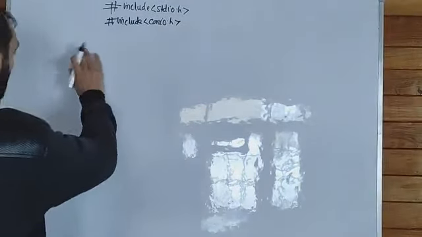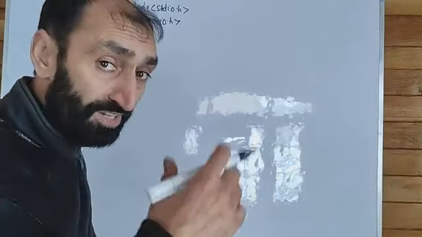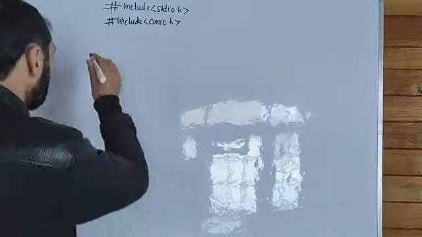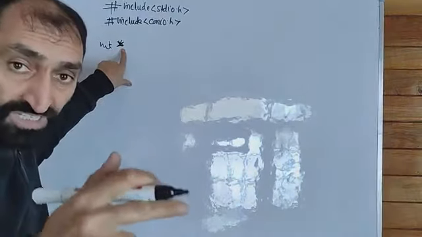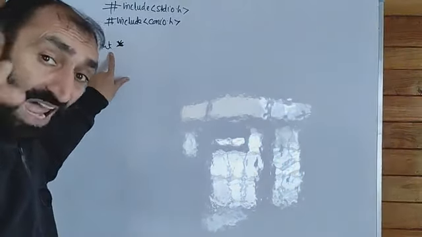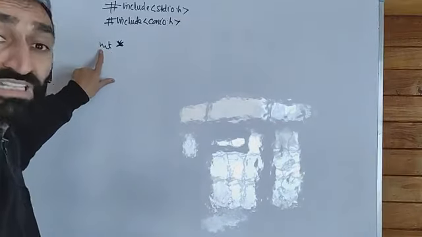So here, first of all, we write the data type. What is the returning type? It is a pointer, int asterisk. This asterisk shows that it is a pointer. That means the called function is returning a pointer, that is the address. Pointer means address of an integer variable.